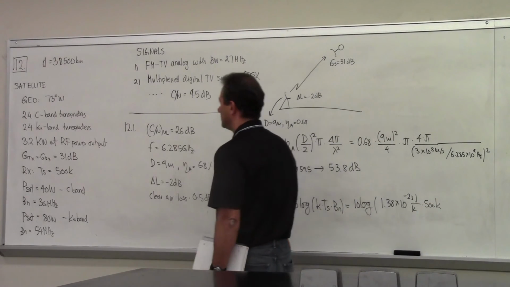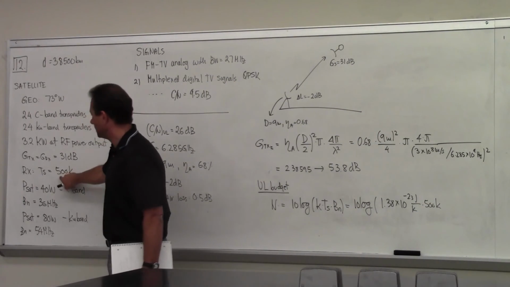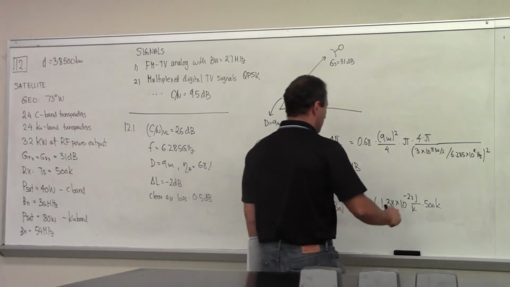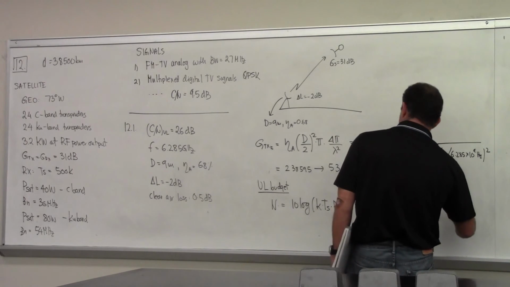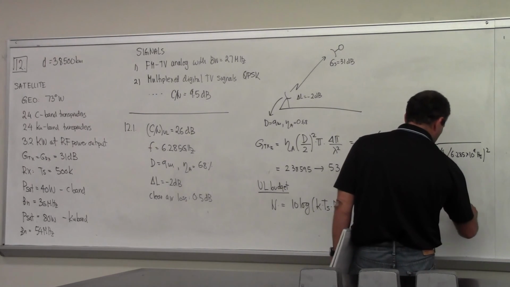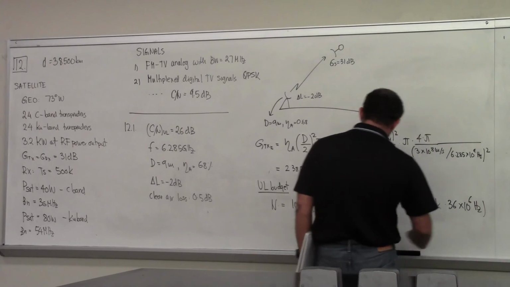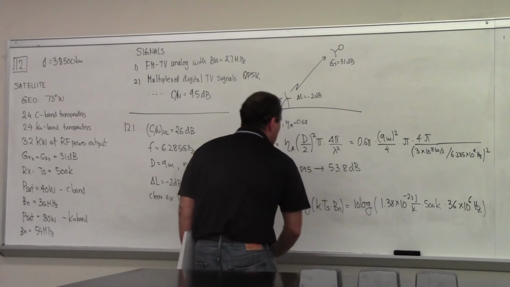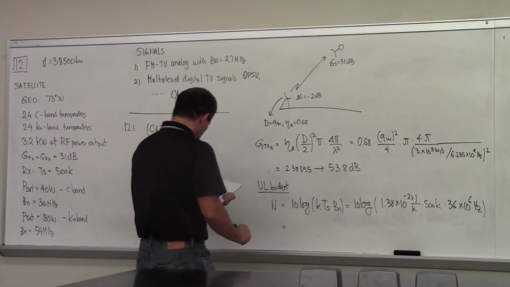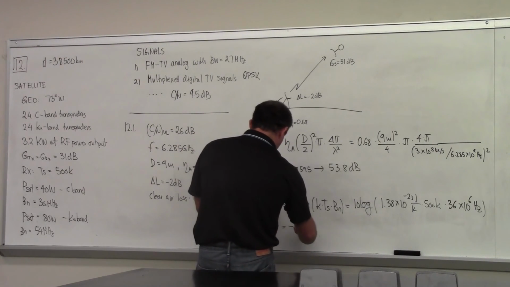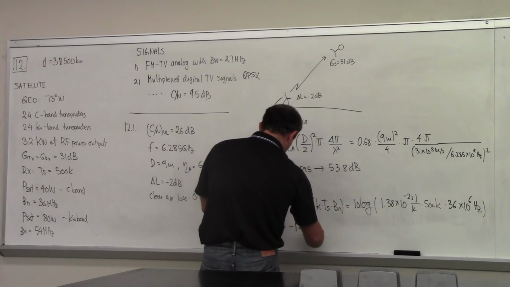That's the system noise temperature of the satellite receiver. And then times the bandwidth, since we're working in C-band, this is 36 megahertz, 36 times 10 to the 6 hertz. This gives us the noise power at the input of the transponder to be minus 127.3 dB watt.